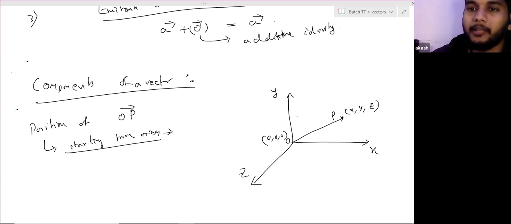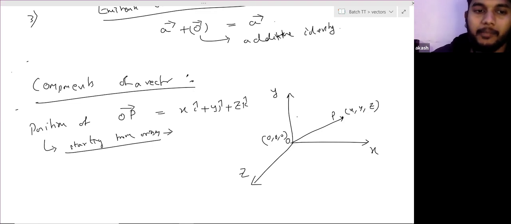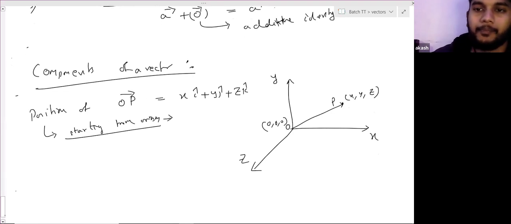If the coordinates of P are x comma y comma z, then position vector OP will be x i cap plus y j cap plus z k cap. What are i cap, j cap, k cap? Suppose this is 1, this is 1, this is 1. I told you, wherever you see cap, that is a unit vector, right? So i cap, j cap, k cap.